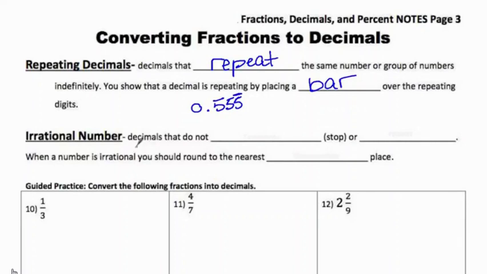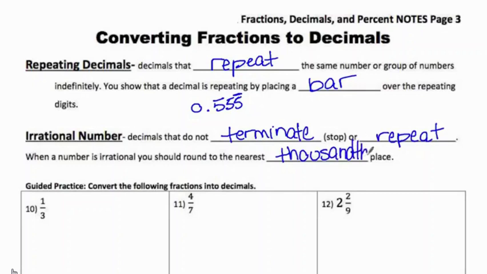Now, irrational numbers are decimals that do not terminate or repeat. And when a number is irrational, you should round to the nearest thousandths place. That's what I was talking about on the other page. So we're going to do some practice with that on this page.